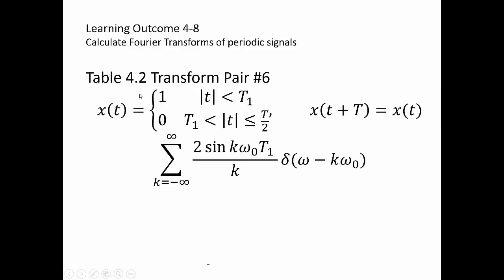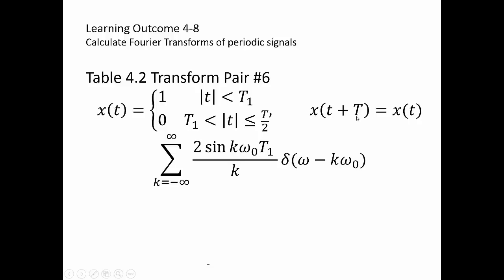Transform pair number 6 has a time signal x of t that has a value of 1 when the absolute value of t is less than t1, and a value of 0 when the absolute value of t is between t1 and capital T over 2. It then states that x of t plus capital T is equal to x of t. This is what states that we've got a periodic signal.